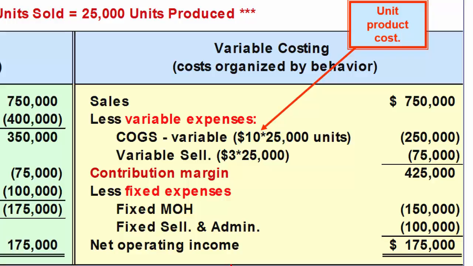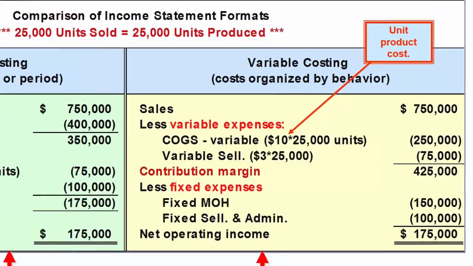Variable costs include all variable manufacturing cost and variable selling and administrative cost, and are subtracted from sales revenue to determine contribution margin. Fixed costs include fixed manufacturing overhead and fixed selling and administrative expenses and are subtracted from contribution margin to arrive at net operating income. And as a final point, the variable costing approach is not appropriate for external reporting.